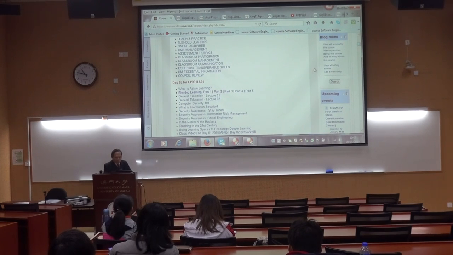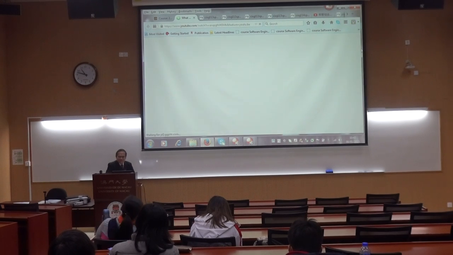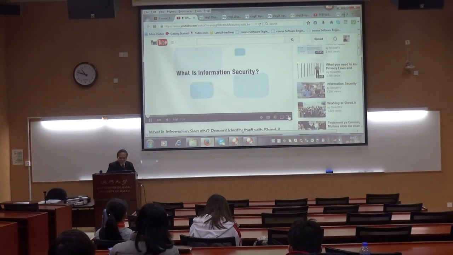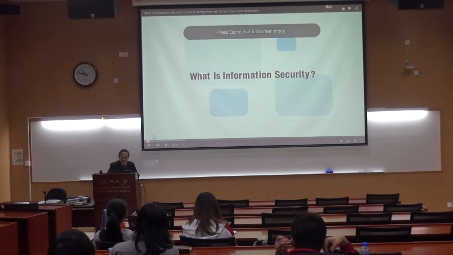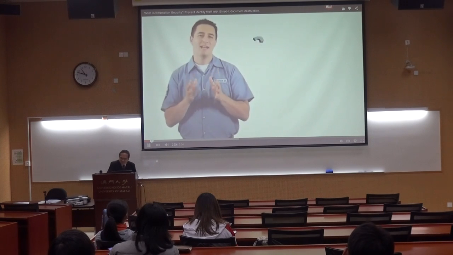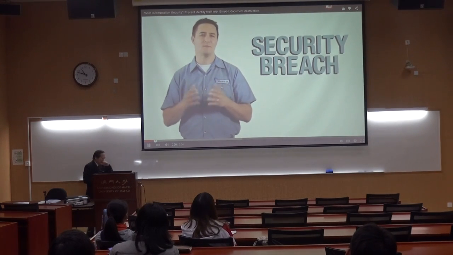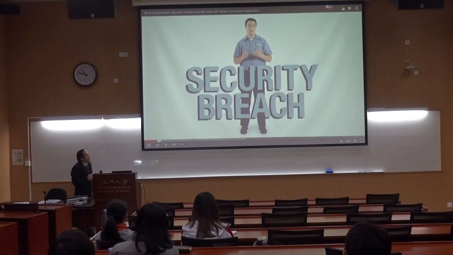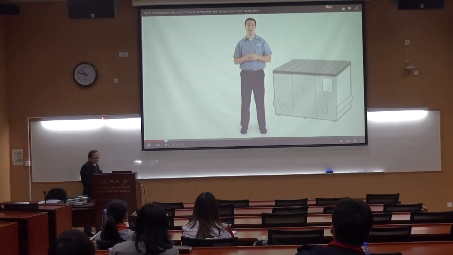All right? So what is information security? When I say security breach, it's the first thing that pops into your mind: someone hacking into your bank account or dumpster diving for confidential material.